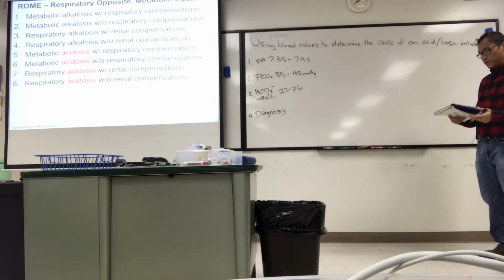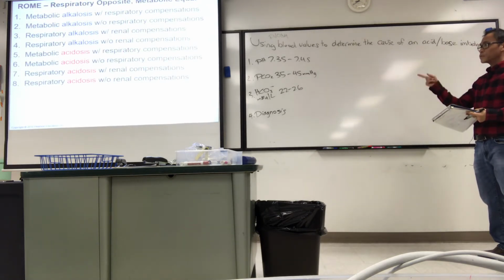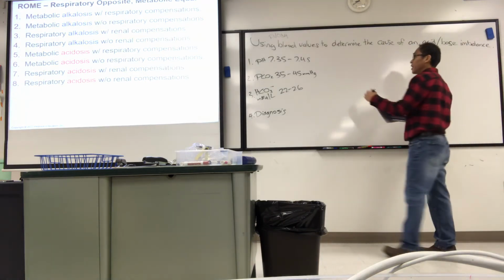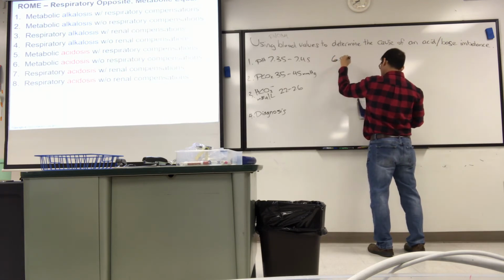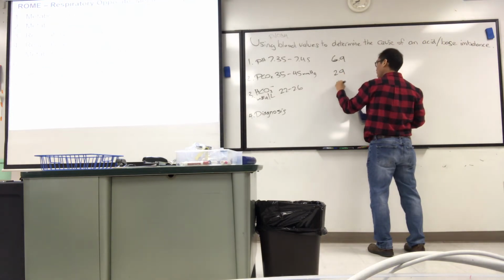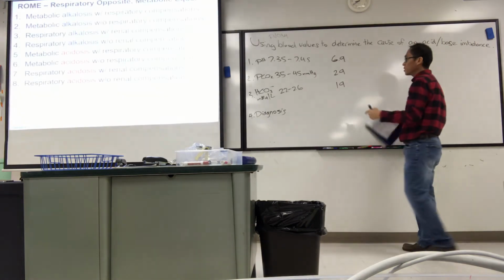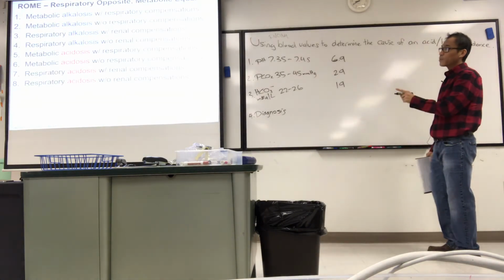And so what I would have to do is give you those 1, 2, 3 values. So the blood test comes back. Let's say pH is 6.9, PCO2 is 29, bicarb is 19, and I'll leave the 4 blank. We'll go through the thing together, and always remember your ROME.